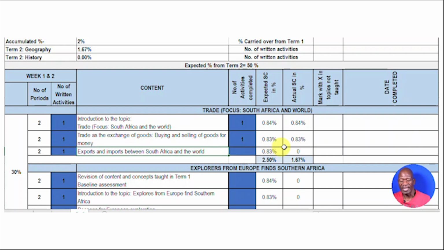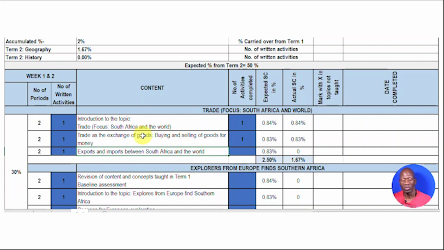Then you see that now I am on 0.83, and it is adding up to the first 2 periods that we had 1 activity. Then as you can see here, out of 2.5, I'm having 1.67 percentage based on the number of topics that I've so far covered.